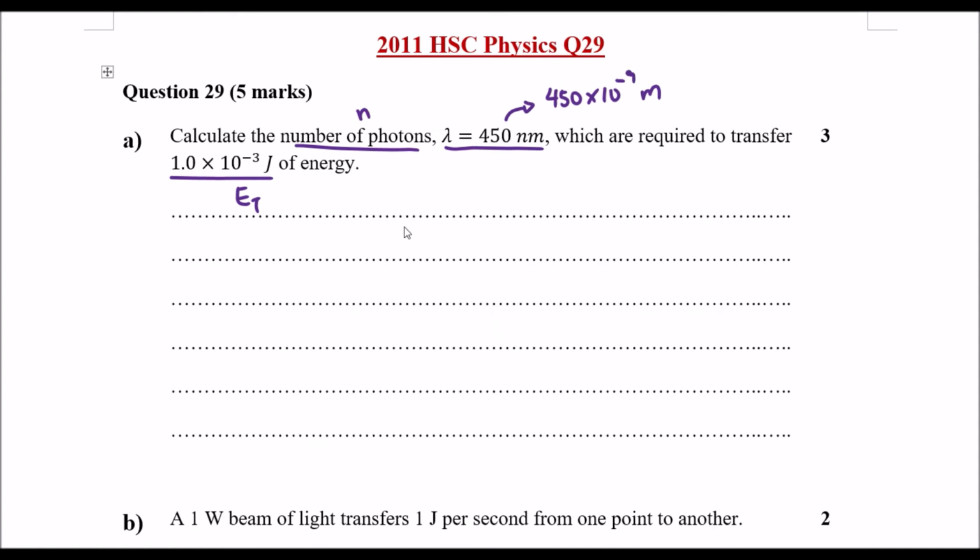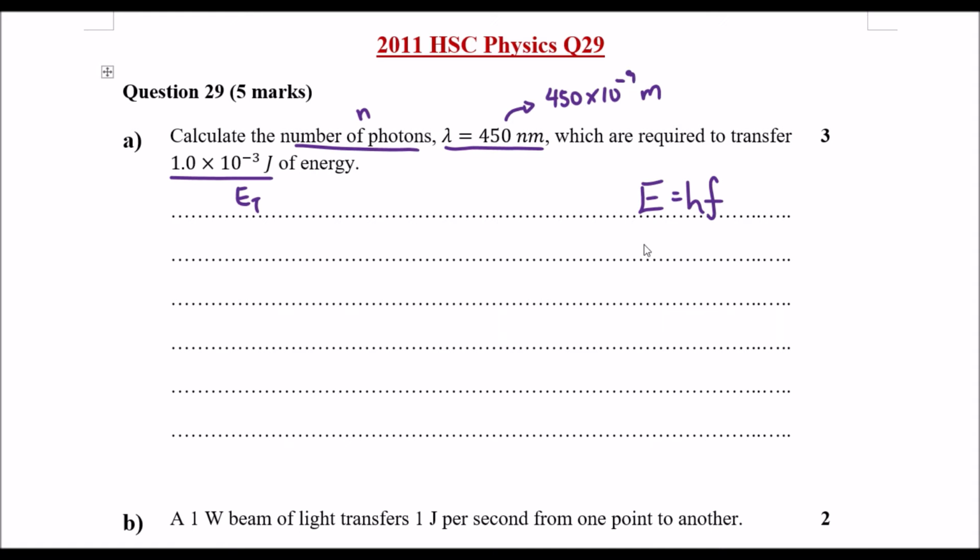But obviously what we know is, according to Planck's equation, energy comes in quantized packets. So although I get a total energy of 1 times 10 to the power of -3 joules, there might be a whole quantity of photons that add together to make up that value. What we need to do firstly is work out what's the individual energy of one packet of photons for that given wavelength.